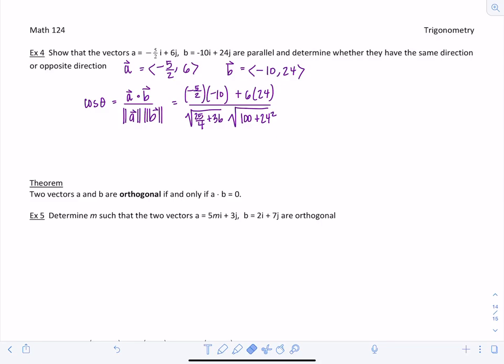So in the numerator, I'm going to have 50 over 2, so that's 25, plus 6 times 24, that's 169, over the square root, let's see, so 36 times 4, that's going to be 144. 144 plus 25, that's 169 over 4, times the square root of 100 plus 24 squared. And all of this simplifies to 1.